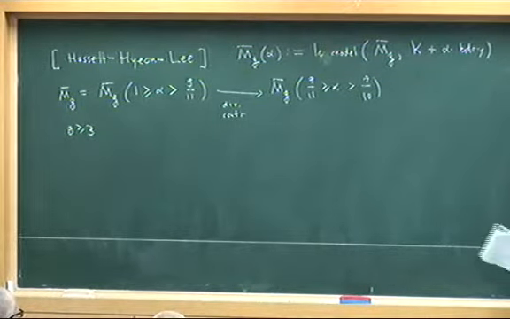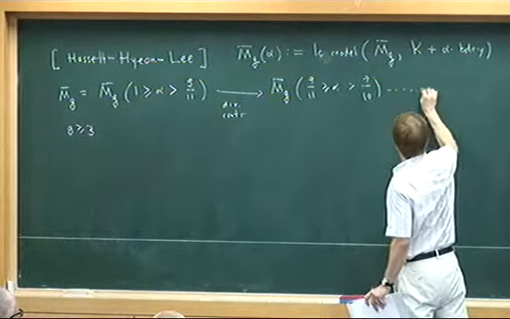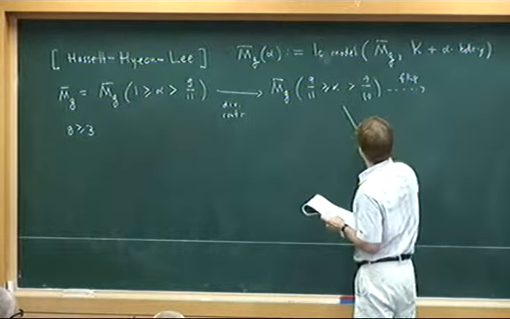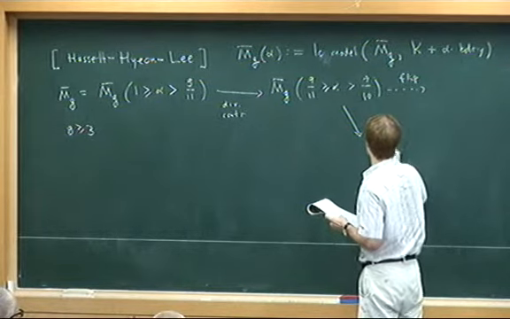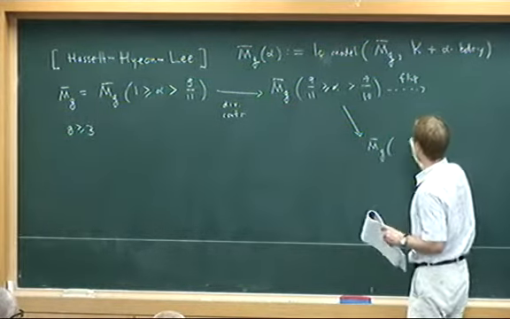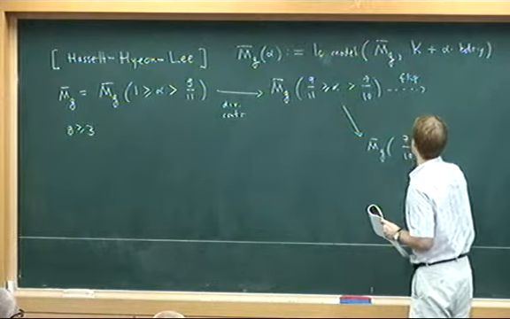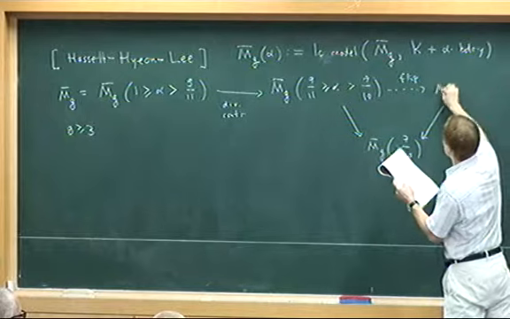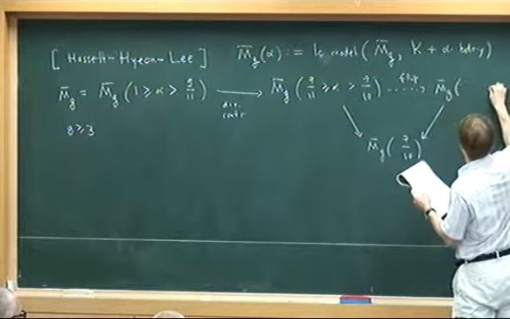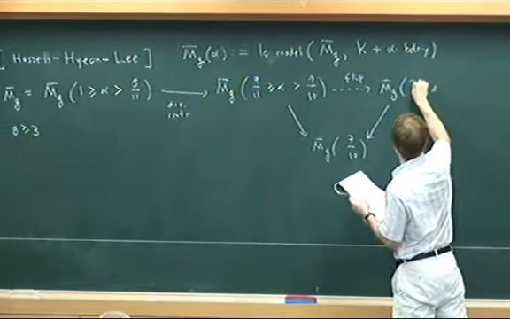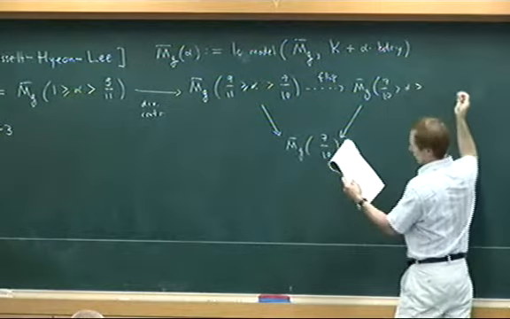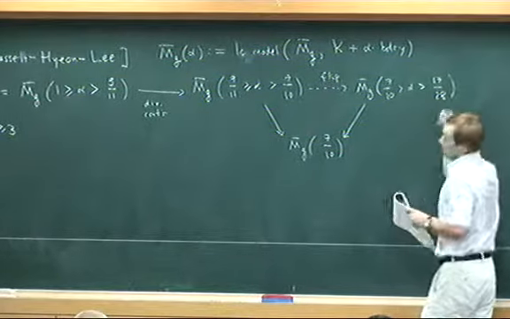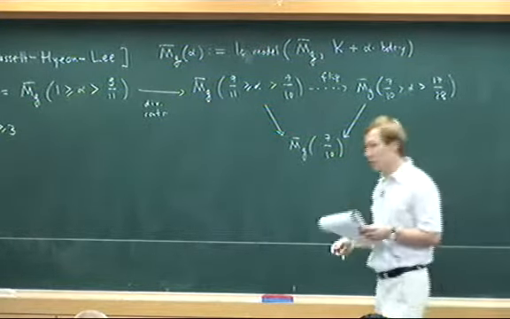And then after that, there is a flip, a flipping contraction to the space M_g bar of 7 over 10. After this flip, you get the space for alpha between 7 over 10 and 17 over 28. So this is the beginning of this picture.